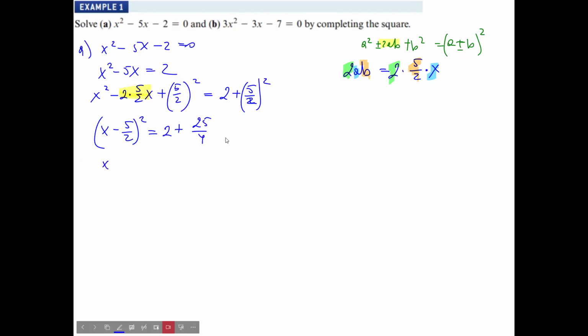So what I have, 8 plus 25 over 4. 8 plus 25, 33. So x minus 5 over 2 squared is 33 over 4.